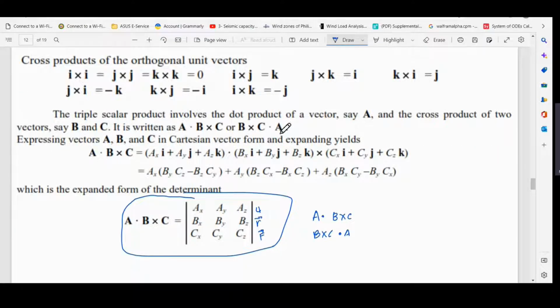B cross C dot A. Kaya yung ating format dun sa kino-compute natin, nauna yung R. Tapos F. Tapos yung unit vector. So, yung R natin will be the B. This is C and then A. Kaya yung magiging format is B cross C dot A. Okay? Ito yung format na sinunod natin.